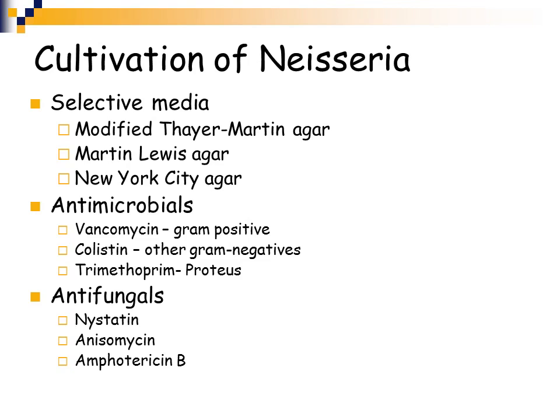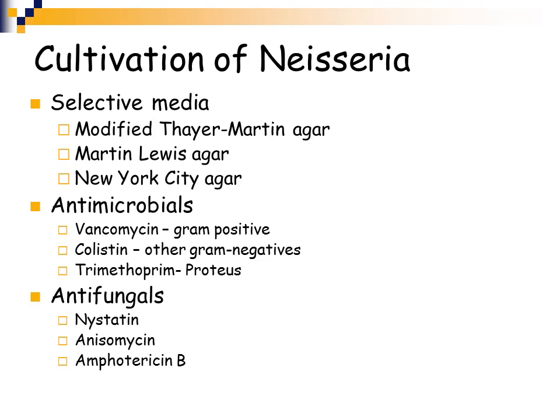For these media, what makes them selective is they have antimicrobials in the media. So commonly they have vancomycin in there, and that is going to not allow your gram-positive organisms to grow. They commonly have colistin in them, which is going to not allow some of the other gram-negative organisms aside from your Neisseria to grow.